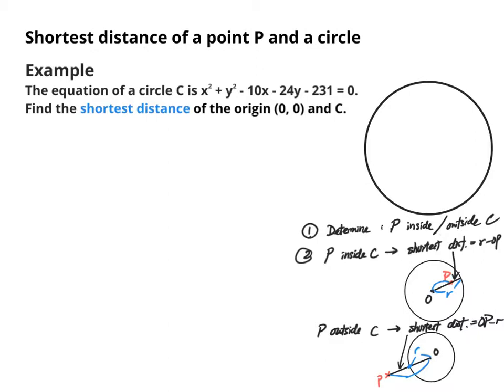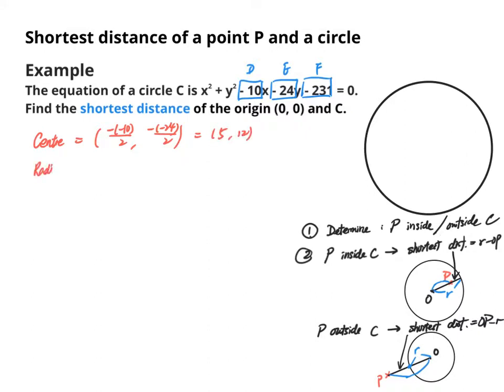From the equation, D is negative 10, E is negative 24, and F is negative 231. So the center of the circle is (-(-10)/2, -(-24)/2). It is (5, 12).